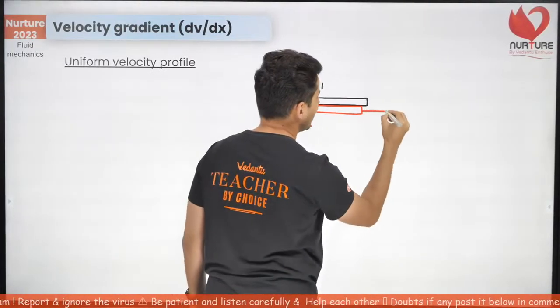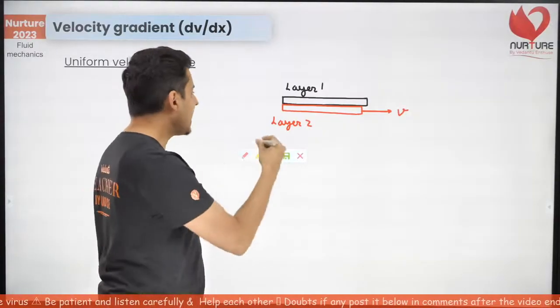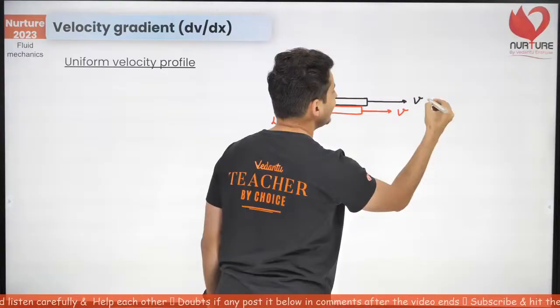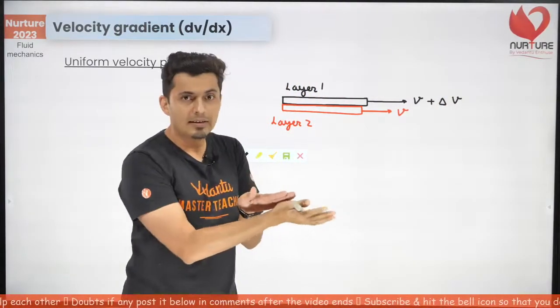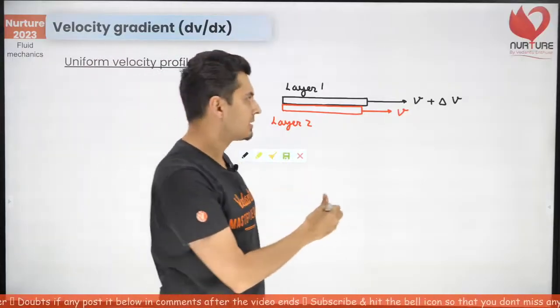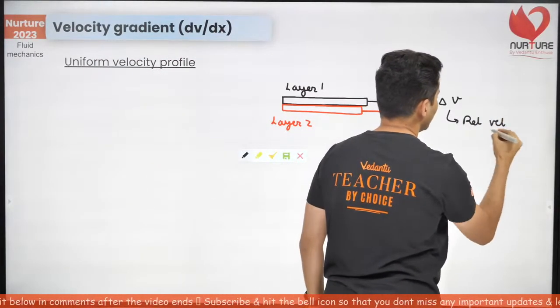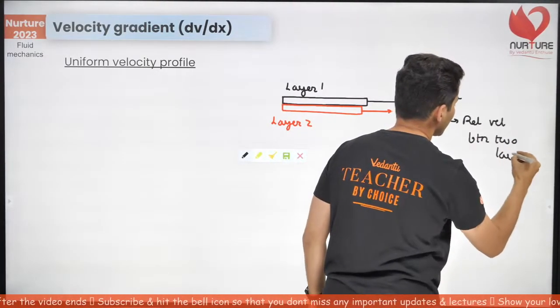Layer 2, for example, has velocity v, and the adjacent layer has a different velocity v plus delta v. What is delta v? It's the relative velocity between the two layers.